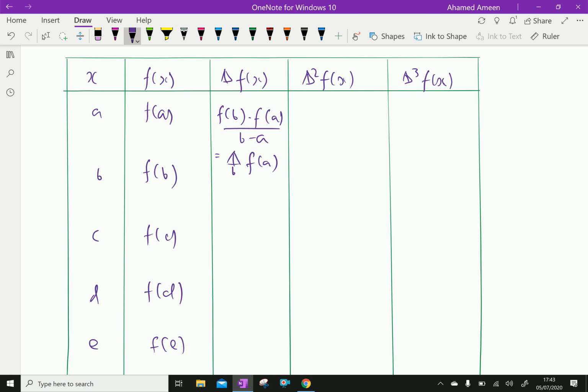The second difference we have to write as delta cross square of f of a at b, c, which is delta cross of f of b minus delta cross of f of a, divided by c minus a.